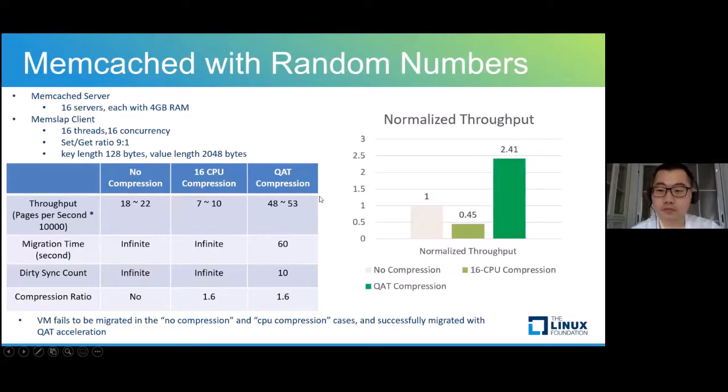It's more than 2 times faster for the migration throughput. And the migration time here, infinite means that the VM cannot be migrated. Like in the no compression case, or the CPU compression case, the VM cannot be migrated. But with the QAT case, it takes around 60 seconds to successfully migrate the VM.